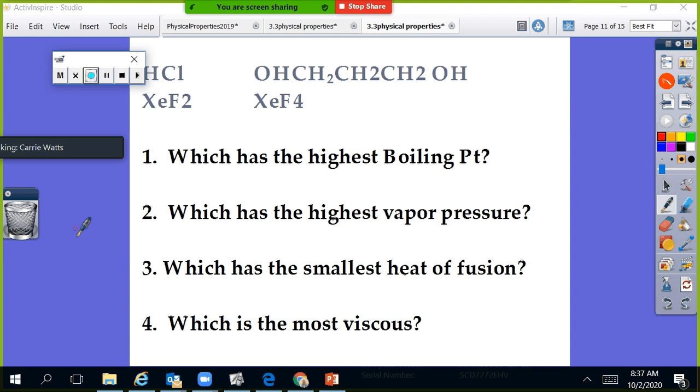You're going to determine the intermolecular forces between molecules of the same substance, so an HCl and another HCl, an alcohol and another alcohol, xenon tetrafluoride and another xenon tetrafluoride. Then, based on the intermolecular forces, you're going to answer the 4 questions. Let's take some time and do that now.